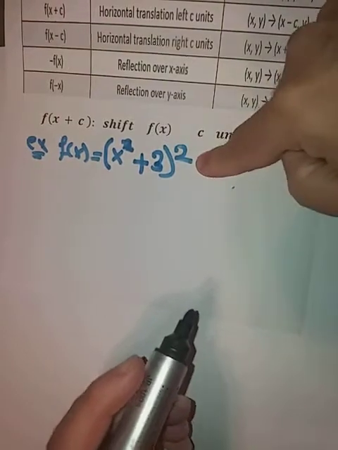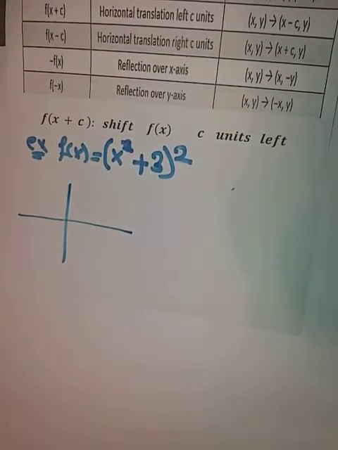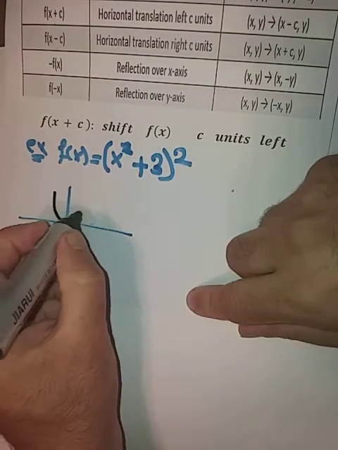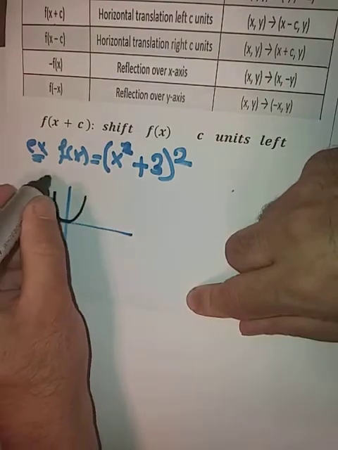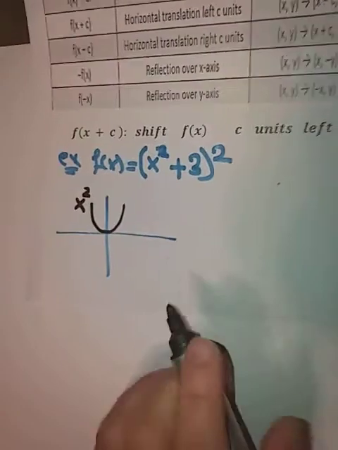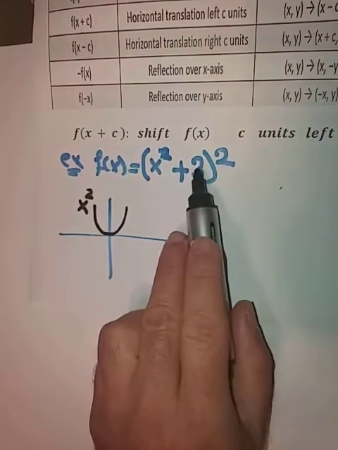If you see square, it means we have a parabola. This is x square. But if we have x plus 3, what does inside the bracket mean?